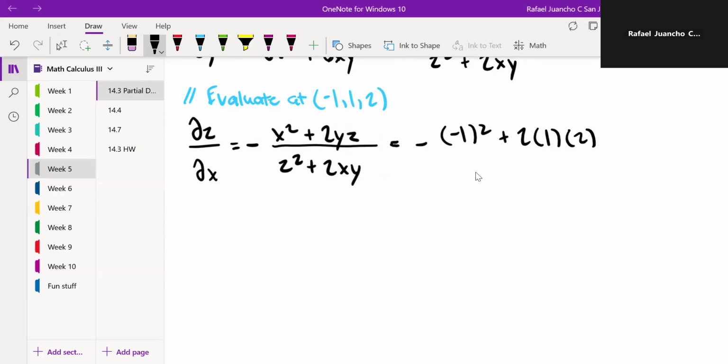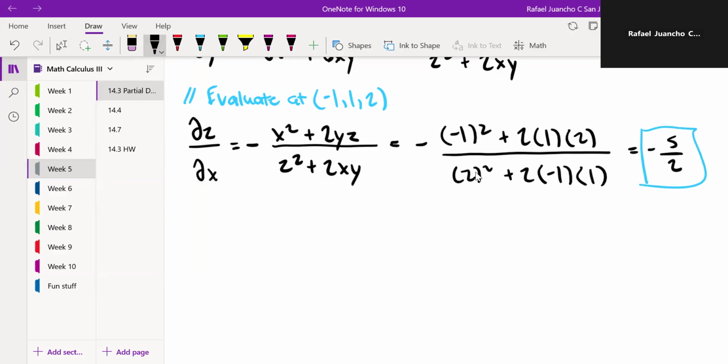When I plug in, I like to put parentheses just to know that I plugged in a number. 2 squared, 1, negative 1, and 1. And this should give me, here's a negative actually. 2 times 2, 4. This is 4, this is 1, this is 5. 4 minus 2, that's 2. And there we have it.